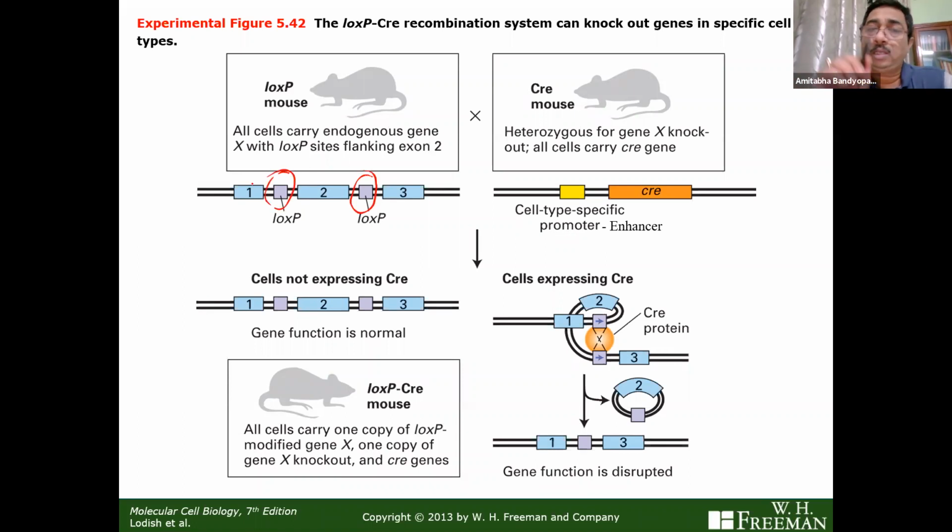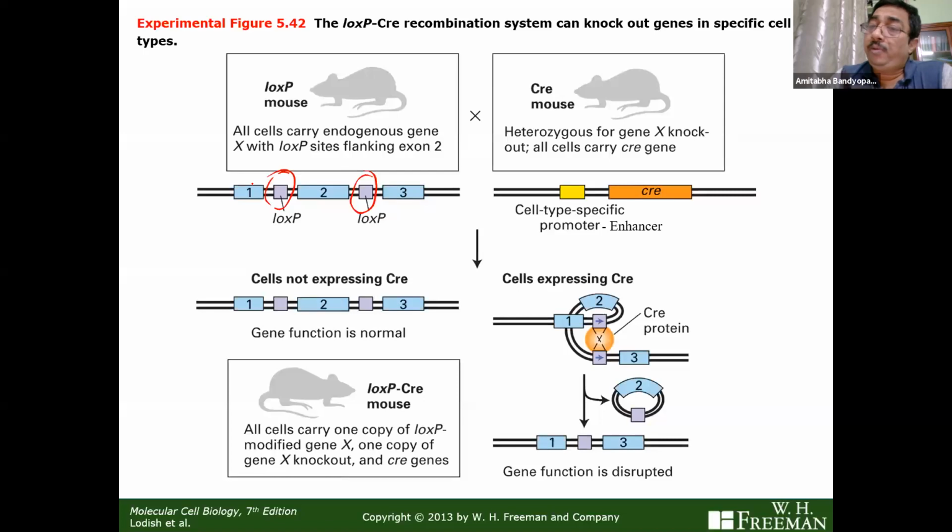You just insert two LoxP sequences in the intron. Why in the intron? Because if you insert in the intron, the ORF, the protein coding sequence, will not be affected. So you do not expect the gene function to be affected at all. So a LoxP mouse where you have inserted two LoxP sites on either side of a critical exon, one exon or two exons, or the whole gene, doesn't matter.